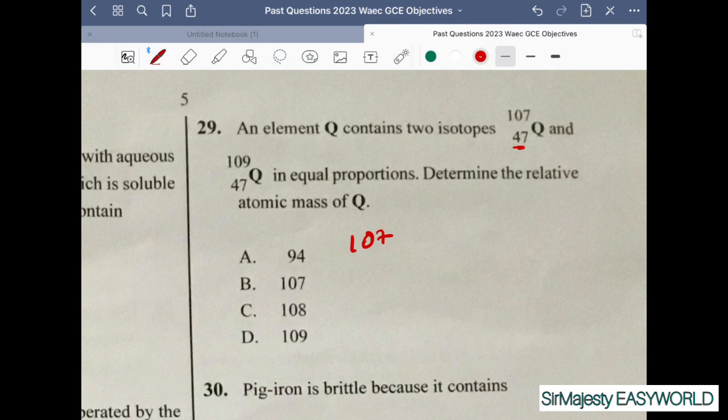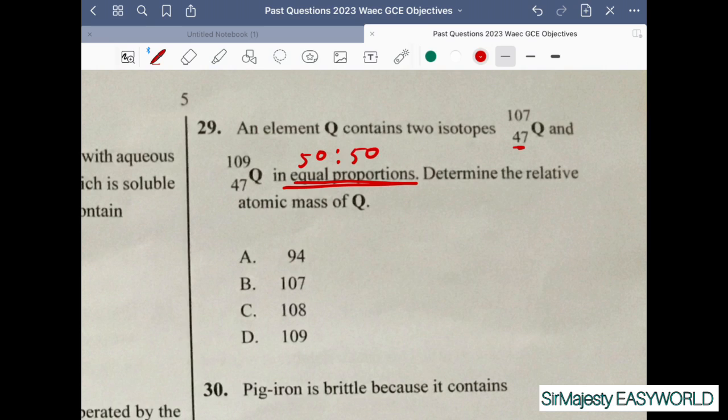Okay, and an element contains two isotopes, 107 and 109, in equal proportion. Yeah. Equal proportion is what I'm missing. This equal proportion is very necessary. Equal proportion here stands for 50% to 50%. So their percentage abundances are actually 50-50.